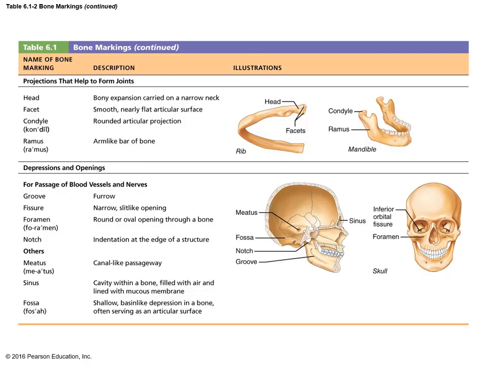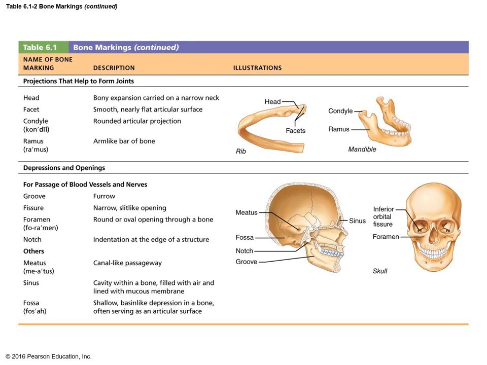Number one, it's not going to do you any good to know the markings on a bone if you don't know what the bone is and you don't know where that bone is. If you don't know where the tibia is, great that you know all the markings on it, but do you know where the tibia is? Do you know what its main purpose is? That's not going to help you a whole lot.